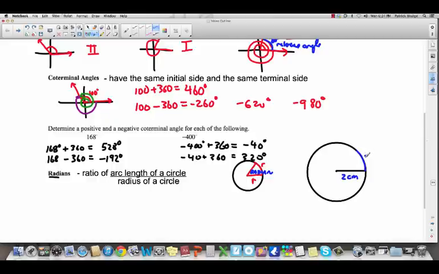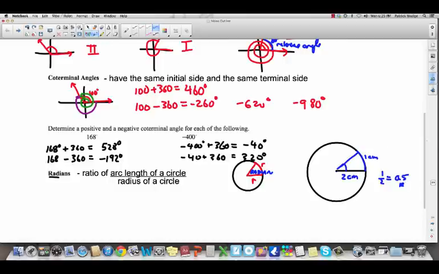The blue arc is only 1 centimeter. So what would be the measure of this angle right here in radians? Well, to get the measure, you take the arc, 1, and divide it by the radius, 2. So the number of radians is 0.5. It's 0.5 radians. You don't put a degree sign, that would mean degrees. You either just put 0.5 or you put 0.5 rad. But often you put nothing, which can be a little bit confusing.